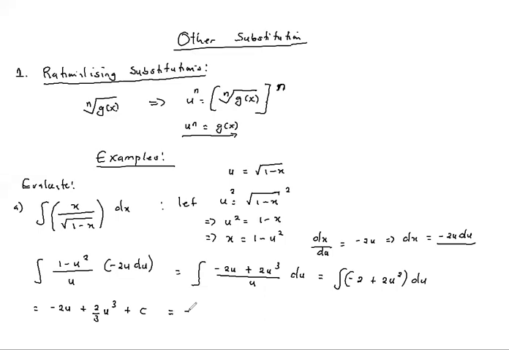Isn't the u supposed to be 4 on 2 over 3 u to the power 3? Isn't it supposed to be 4? Where? You mean here?